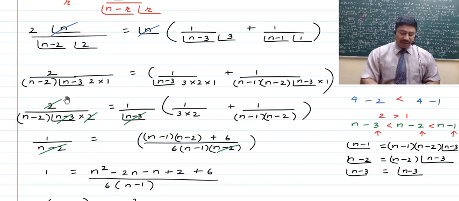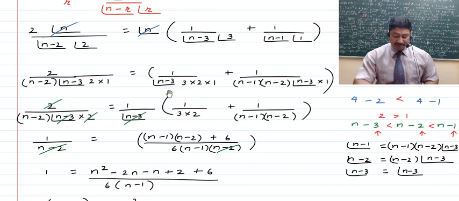So now children, we have written all of these factorials in this format. That is factorial of n minus 2 as n minus 2 times factorial of n minus 3. Factorial of n minus 3 will remain as it is, and factorial of n minus 1 will become n minus 1 times n minus 2 times factorial of n minus 3.